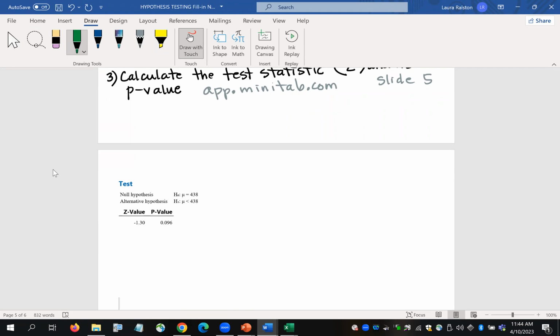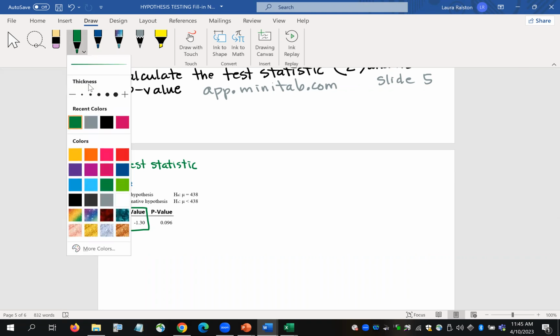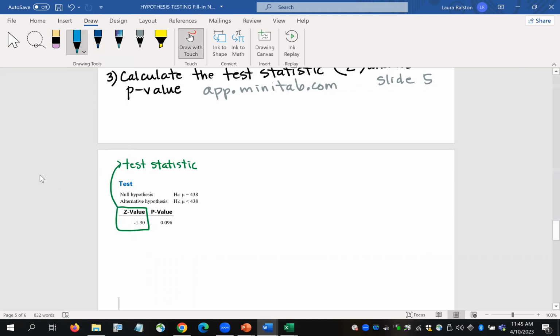The z-value is my test statistic. That's my z. And then you have the corresponding p-value.